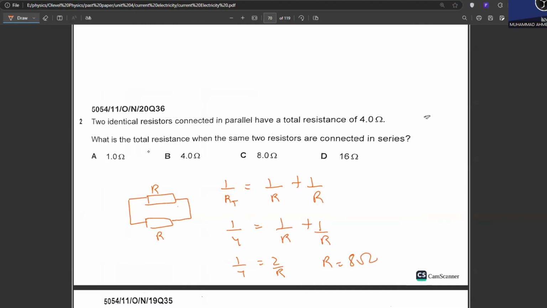So each resistor is 8 ohms. You have to calculate the resistance of two resistors in series: 8 ohms and 8 ohms. What will be the combined resistance in series? 8 plus 8, 16 ohms.